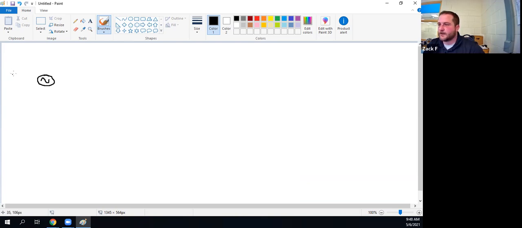So I got a 60-volt AC source and it's 6 kilohertz. And I'm going to be working with a resistance of something.